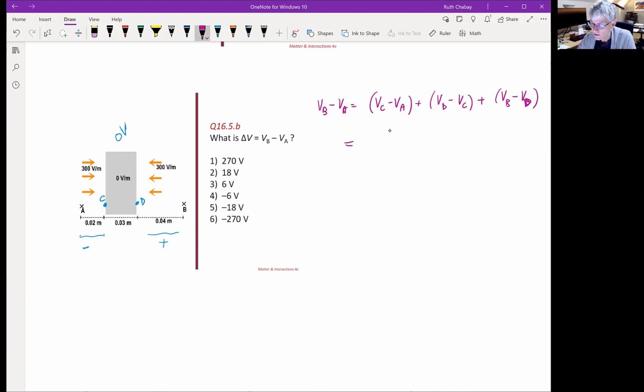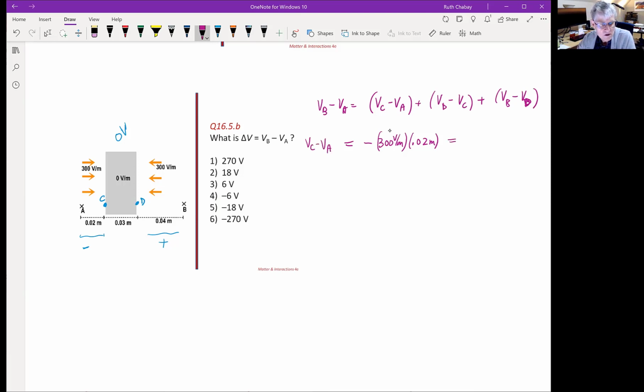And so this is going to be equal to a minus, so we have a plus 300 volts per meter is E sub x, and we have 0.02 meters. So this is VC minus VA.